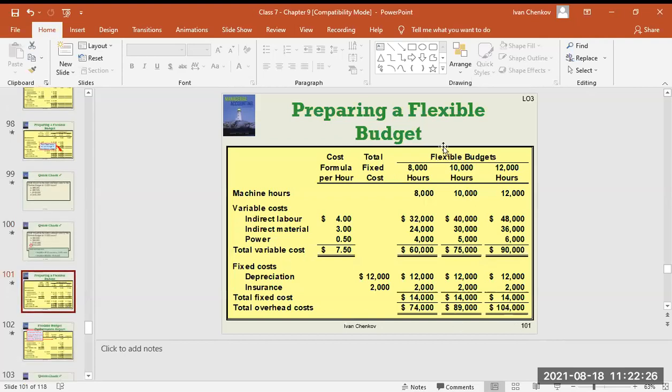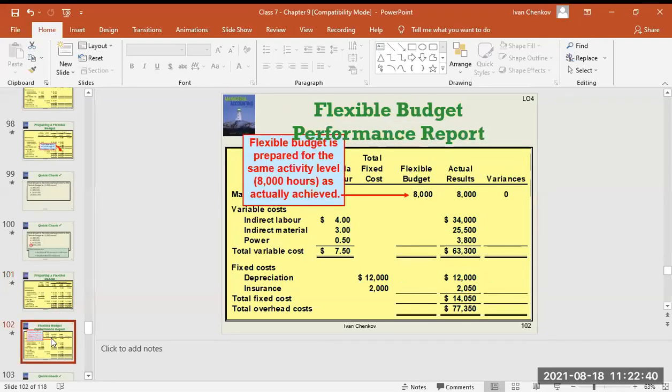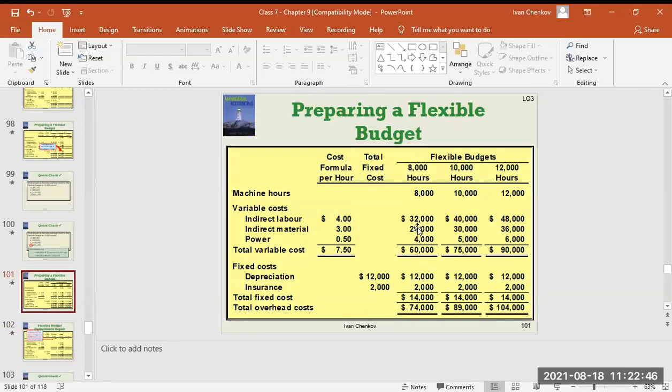Now, since we have those different budgets at different levels of activity, once we get the actual results, which is for 8,000 machine hours, we can compare the 8,000-hour budget with the actual results. So once we get the actual results, which are this, now we're going to start comparing the costs. So we budgeted for indirect labor to spend $32,000.